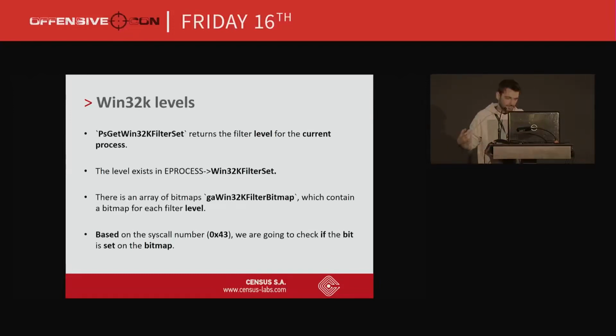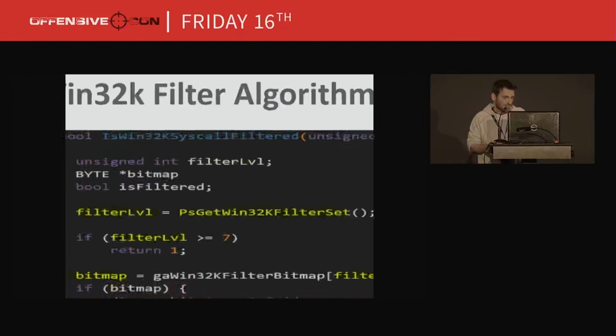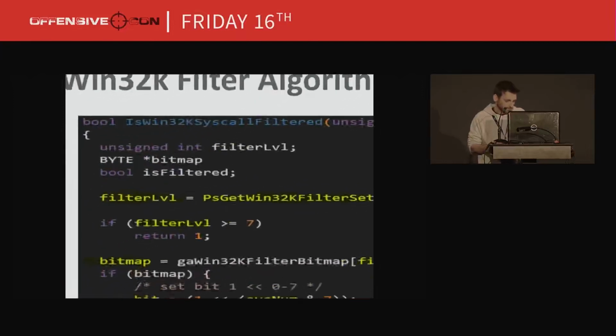There is an array of bitmaps for each level, and we are going to use our filter level as an index to get the bitmap for our current Win32k filter level. Based on the system call number, we are going to check in that bitmap if the system call is filtered or not. And here is the pseudocode of isWin32kSyscallFiltered.